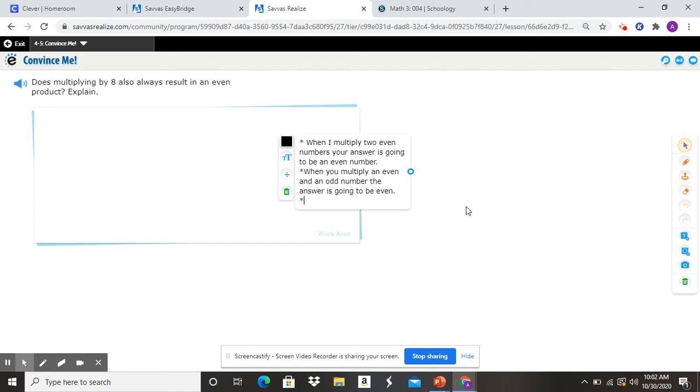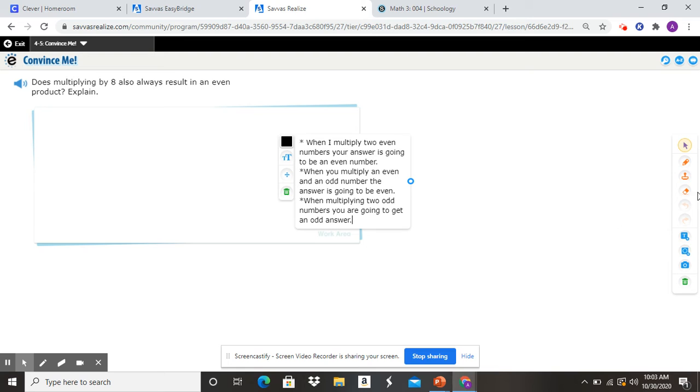What if you multiply two odd numbers? Well, when you multiply two odd numbers, then you're going to get an odd answer. So when multiplying two odd numbers, you are going to get an odd answer.